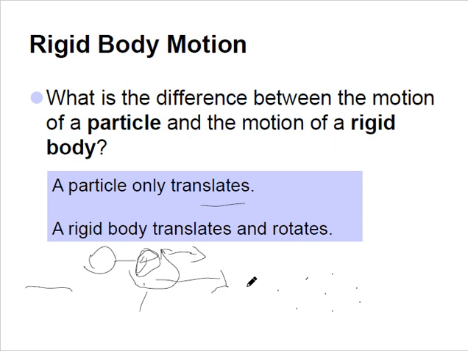That's the reason why we have to ignore so many motions and concentrate on only one or two, even though it is too complex to calculate on paper. So for now, go to the very simple basics: a particle translates in a straight line, a rigid body rotates and translates. That's all you need to know at this level.